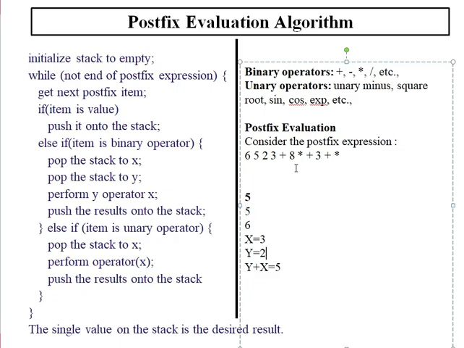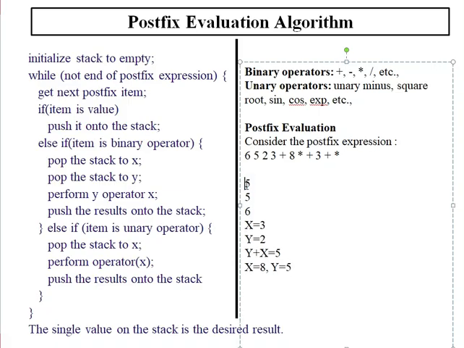The next is 8. So we should push 8. It is a number, so we simply push the number. Currently 8 is the topmost. And the next one is multiplication. It is binary, right? Then again we should just pop the first topmost element, which is 8. Then the next element y, which is 5.